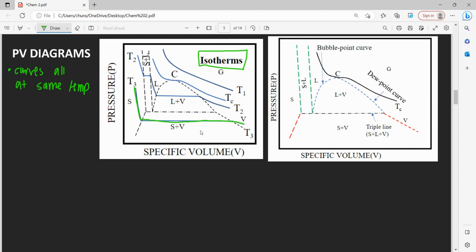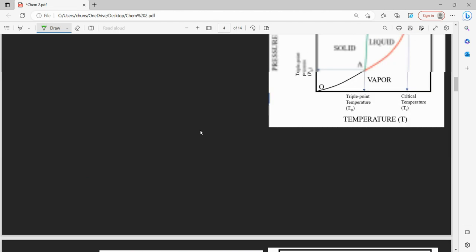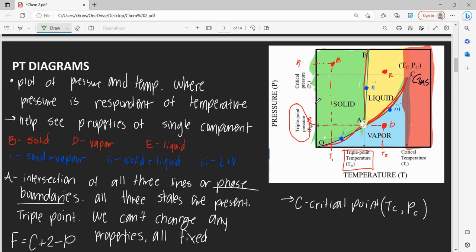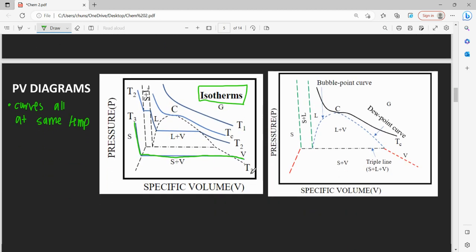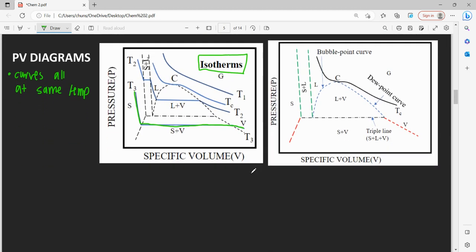And it corresponds to volume versus pressure. And there are different kinds of curves. With each of our curves, as we connect our lines, we get different phase regions. So where we had phase regions highlighted in our PT diagrams, we have different phase regions here as well.